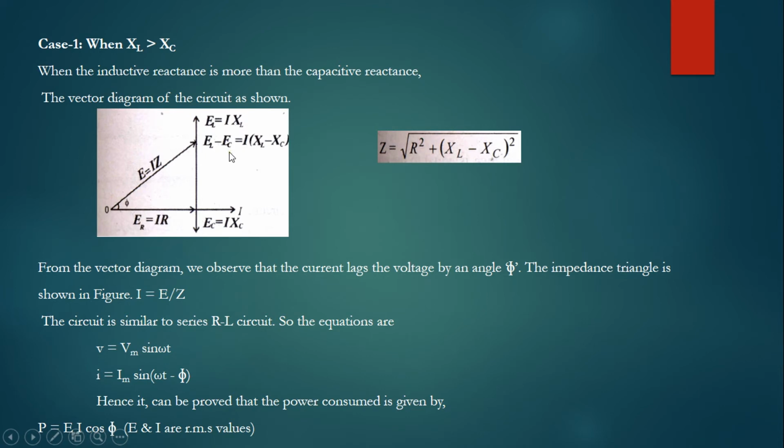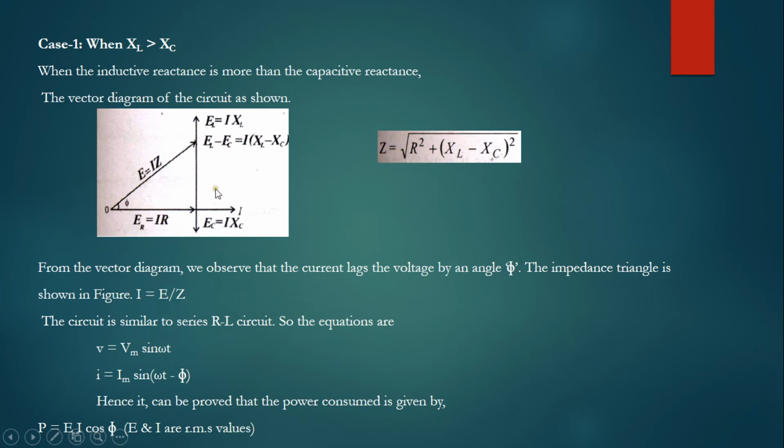Since XL is greater than XC, this is the triangle. The resultant goes towards the inductive reactance, EL, because the inductive effect is more than the capacitive effect.